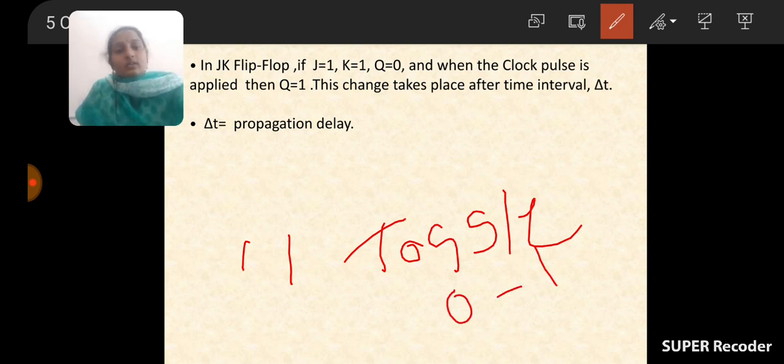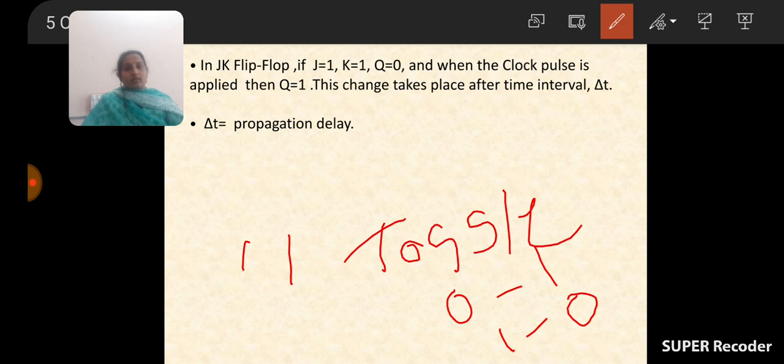The output is trying to reach from 0 to 1 and 1 to 0, but not at all in either 0 or 1. The output tries to reach either the state 0 or 1, but does not reach any level. In between 0 and 1 it is toggled. This condition is called what? Race around condition. Why?